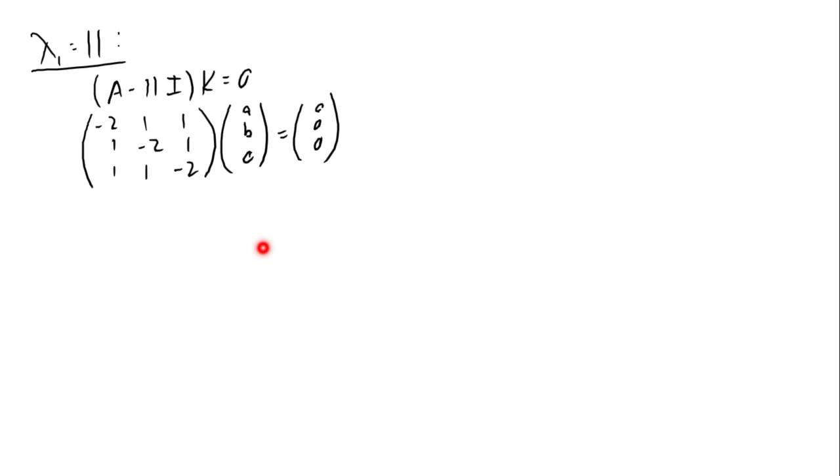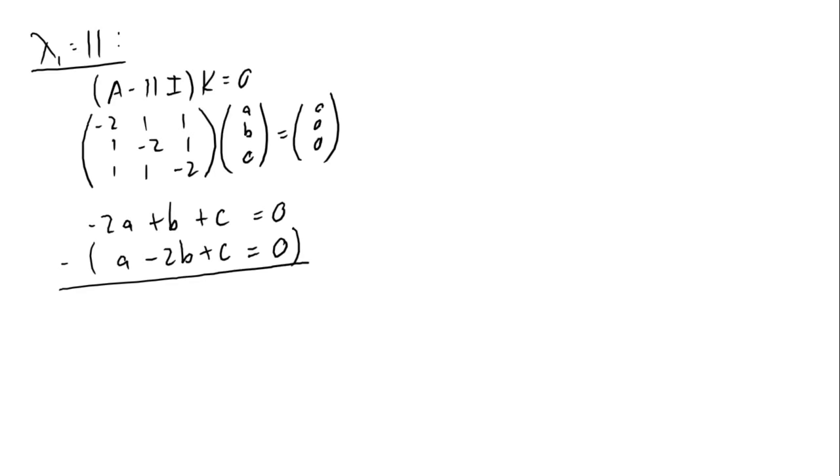Okay. In this case, none of the rows are obviously multiples of the others, so I can pick whichever 2 rows I want. So let's do negative 2a plus b plus c equals 0, and a minus 2b plus c equals 0. Remember, we're solving a system of equations. So in this case, if I just subtract the equations, I can make the c go away.